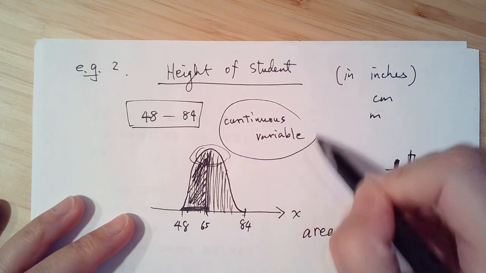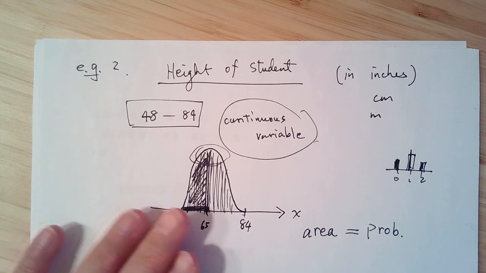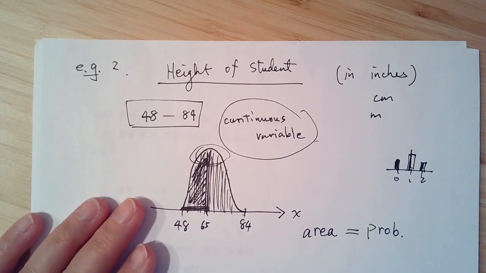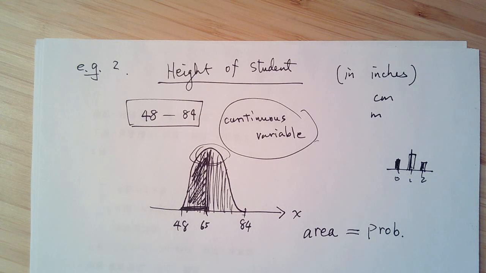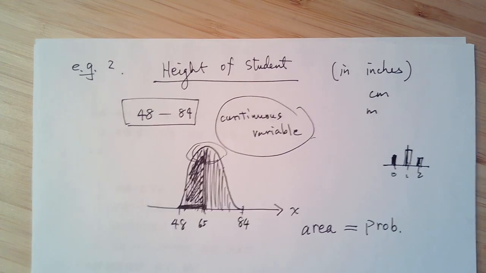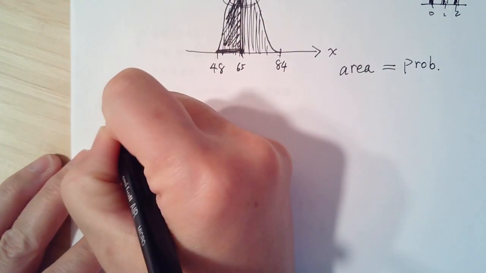That's a new concept. You haven't learned how to do that yet, I just want to let you know. Then is this x discrete or continuous? It is a continuous variable. I don't give the exact number here, I just want to let you know some concepts.